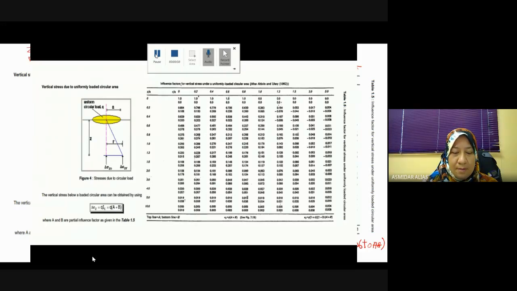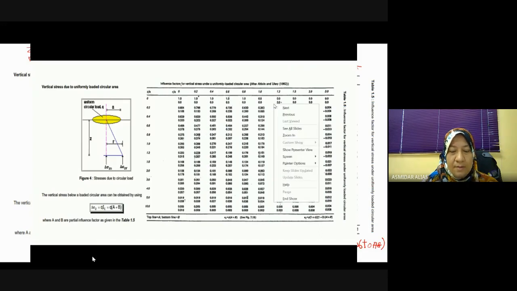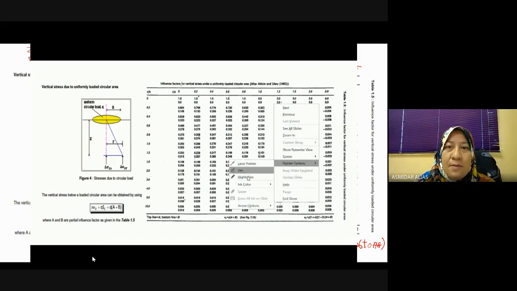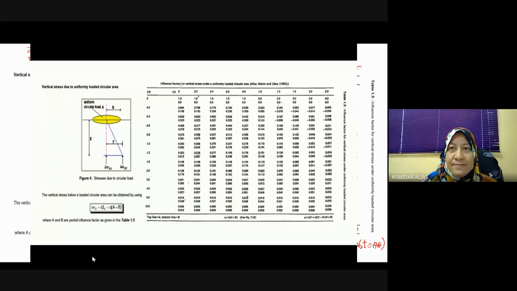So okay, next is what we want to learn about circular loading. Of course the shape is circular. Because of that, we name the load as circular loading. When you find on site, you basically see a structure that is circle.